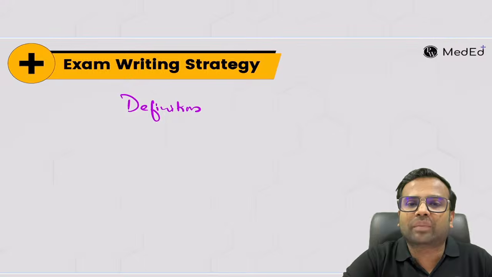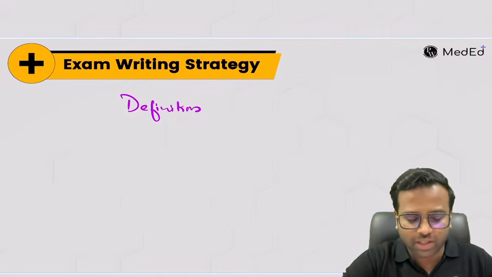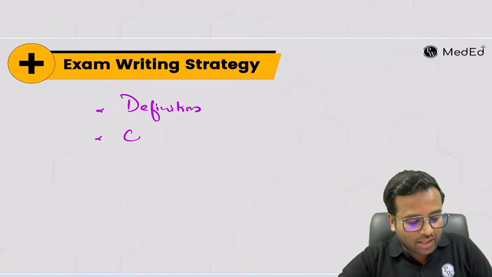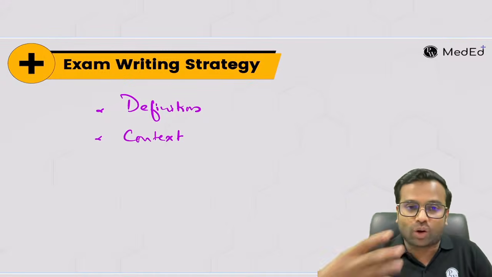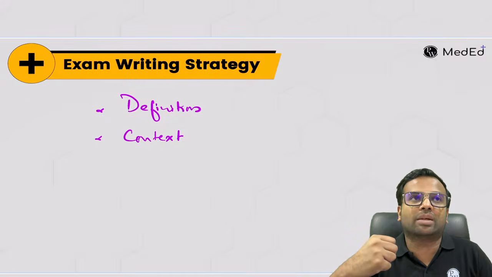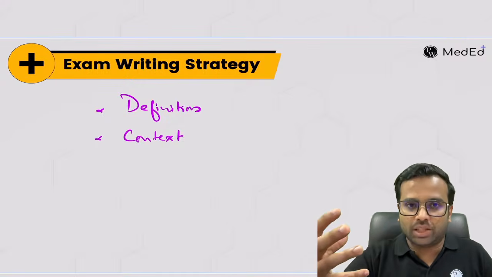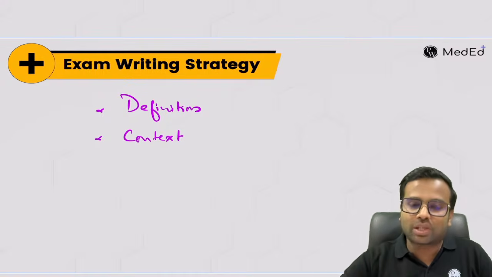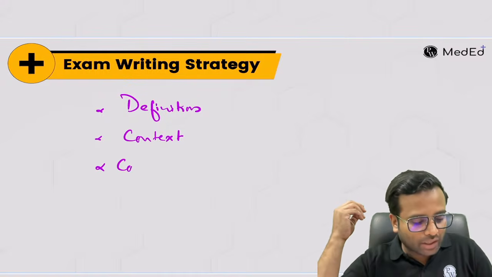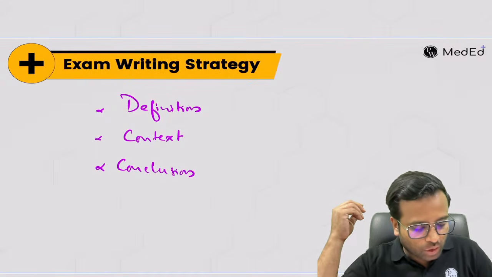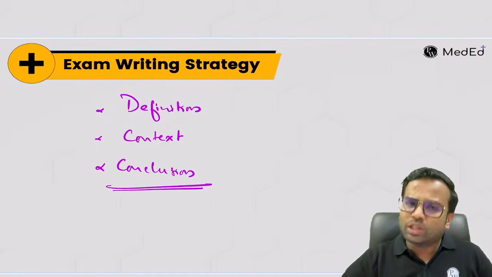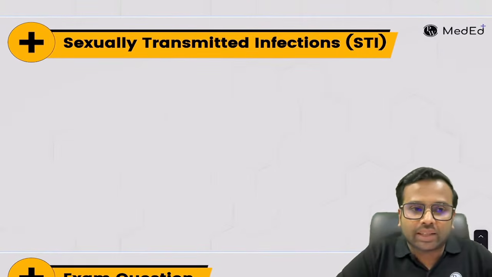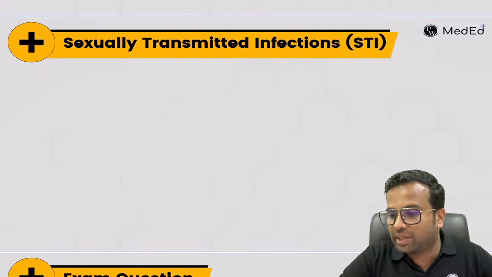Then, after giving a proper definition, start with whatever is asked in the actual context of the answer. For example, if asked to describe the etiology, start with the etiology; if asked to describe the clinical features, start with the clinical features. And then it is always better if you give a conclusion statement as well. We'll see one by one. We will start with the first topic, that is sexually transmitted infections.